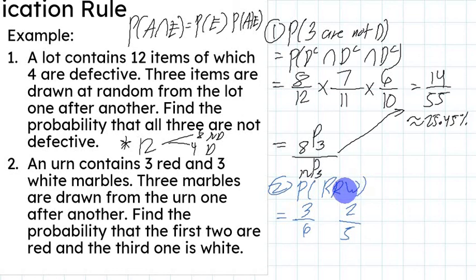Then the probability of getting a white after these 2 draws would be, since there are still 3 white, 3 over, and from 5 we now have 4. By the multiplication rule, we multiply these and we get 3 out of 20, or a 15% chance that the first draw is red, the second is red, and the third is white. And that is the general multiplication rule of probability.